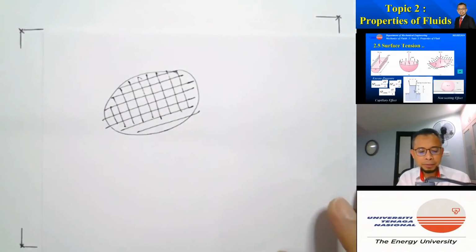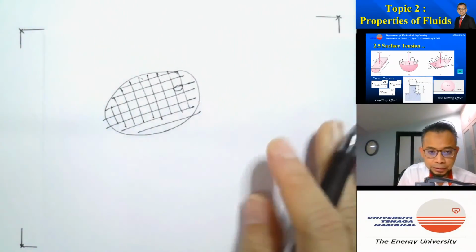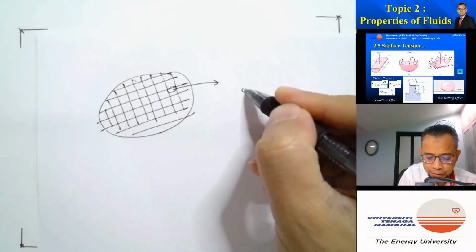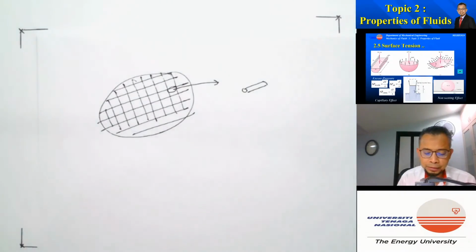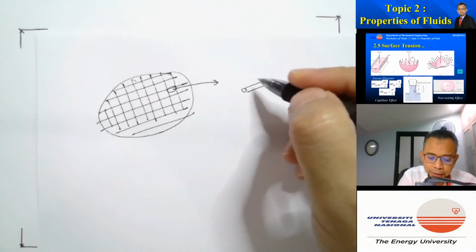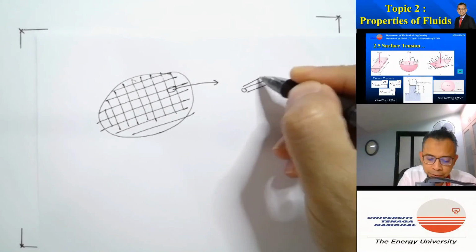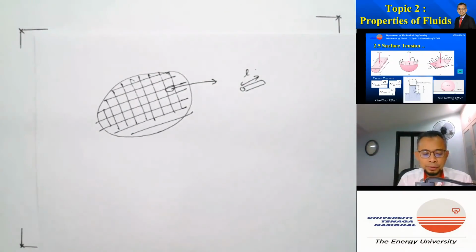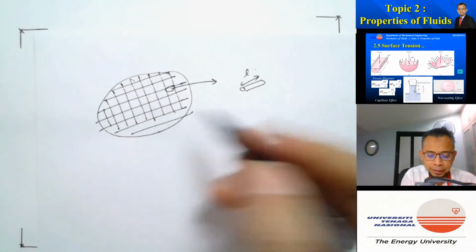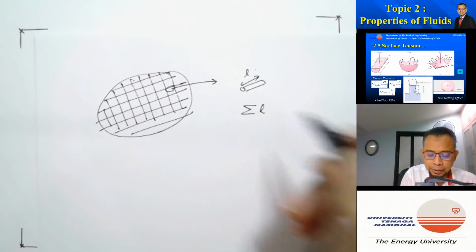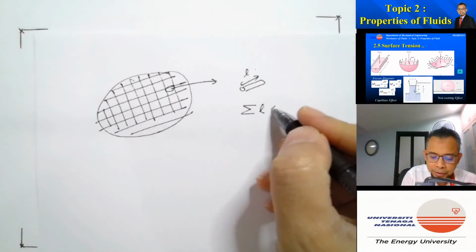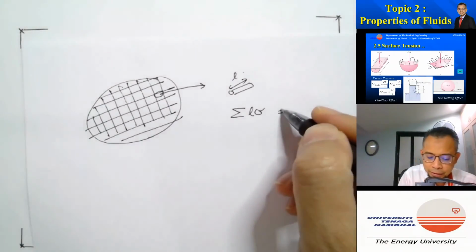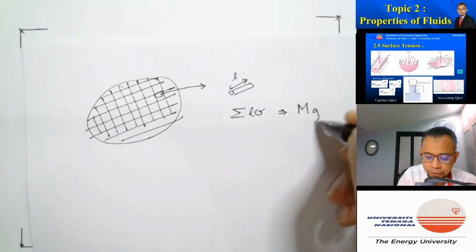If you consider every single part of the screen, it cuts the surface by a length L. So if you consider all this length here, sigma L, the surface tension value multiplied by the length, actually balances the weight of the water.